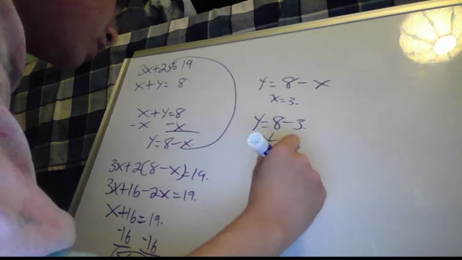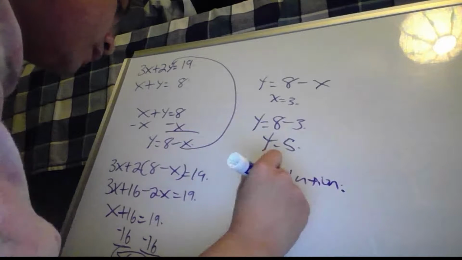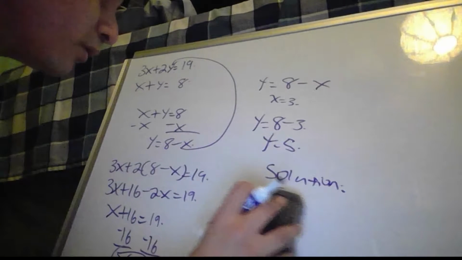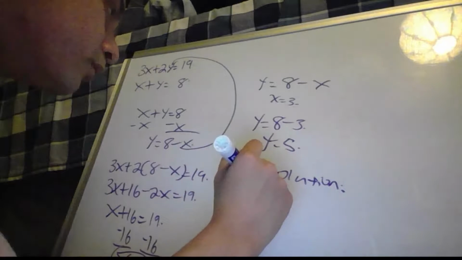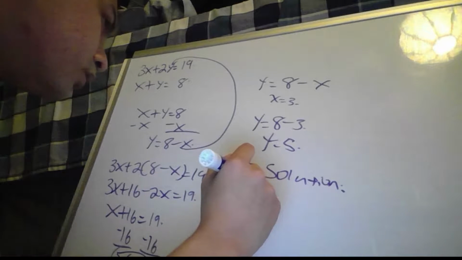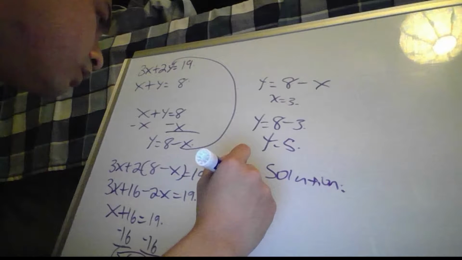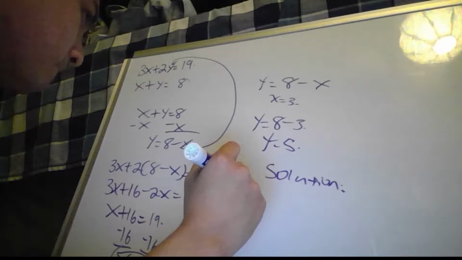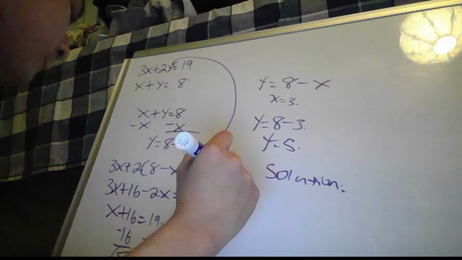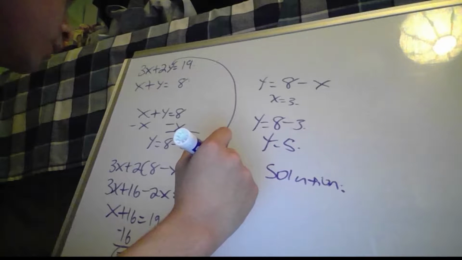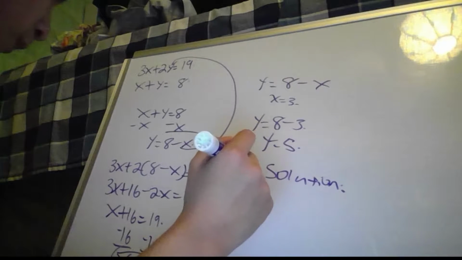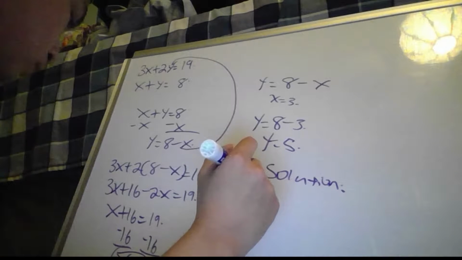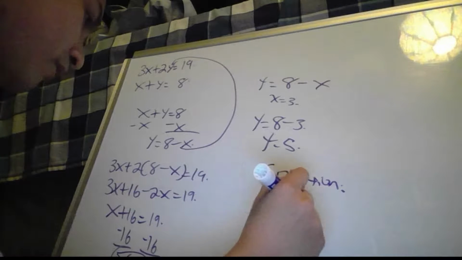So the solution as an ordered pair is, not 8, sorry, it would be 3 comma 5, right?